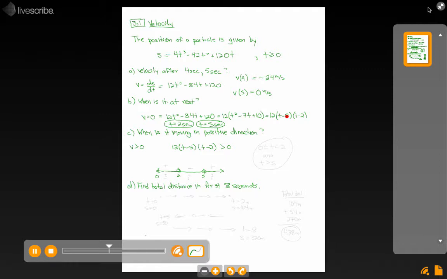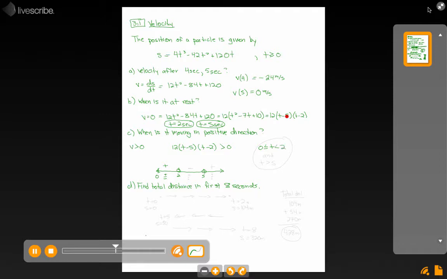So I pick a number to the left of 2, and I could even pick 0 if I liked, or 1, and I find out that I've got 12 times a negative times a negative, which gives me a positive. So this thing is moving in a positive direction everywhere from 0 up to, and not including, 2.